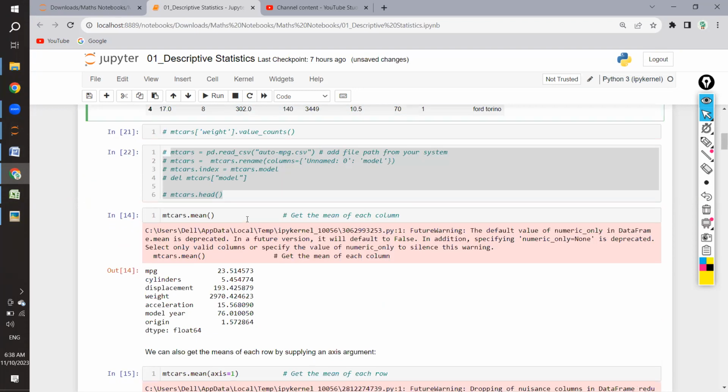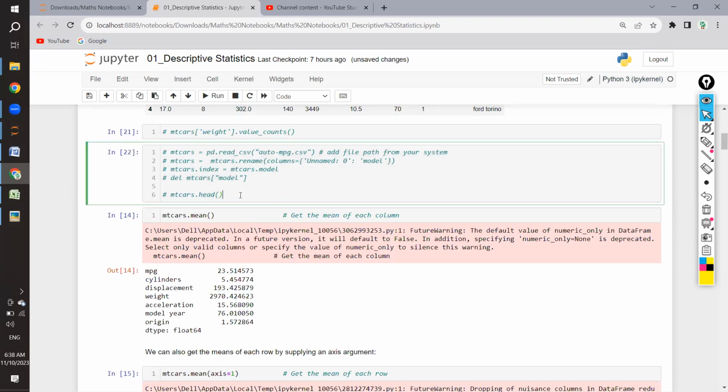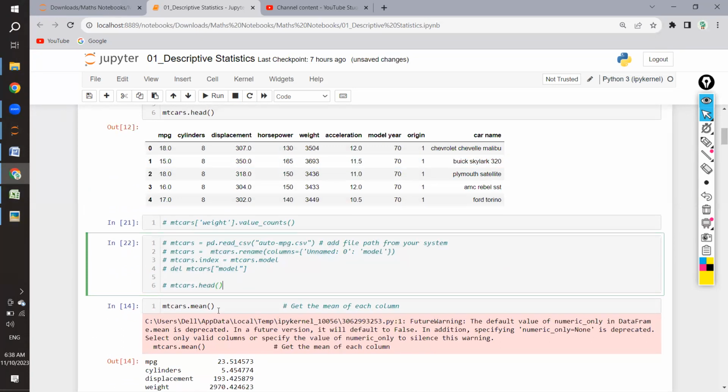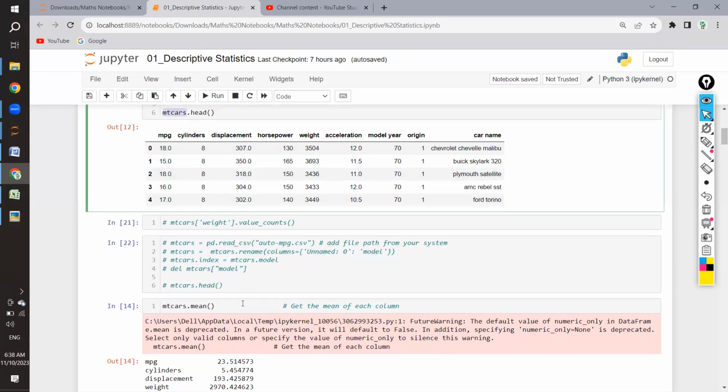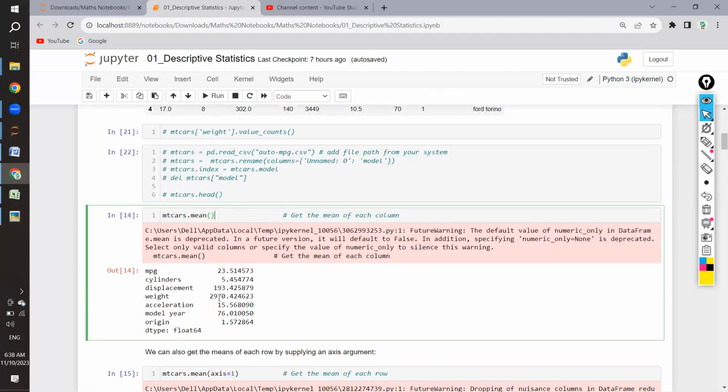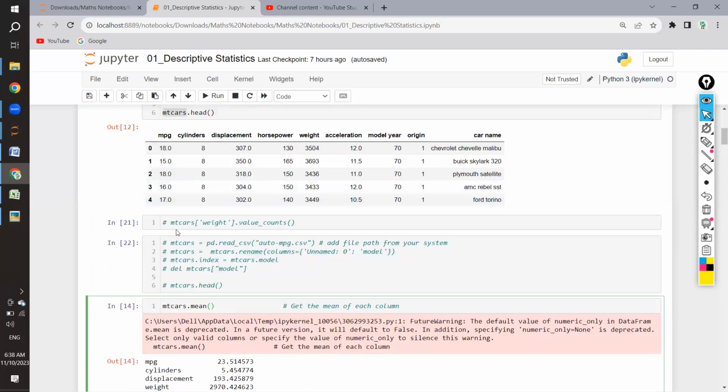Over here, if I do mean, so yesterday we studied mean, right? If I want to find the mean of the given data frame, you can simply say mt_cars, which is my data frame, dot mean, which will give you the mean of every single column. As you can see, for mpg, the whole column mean is 23.51, and the whole column cylinder mean is 5.5.